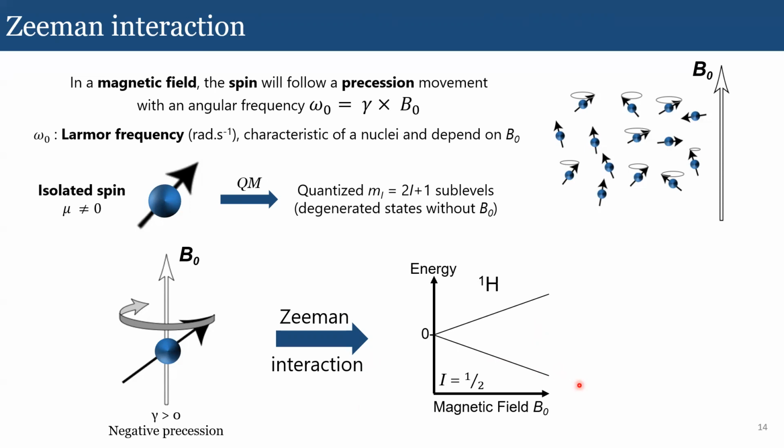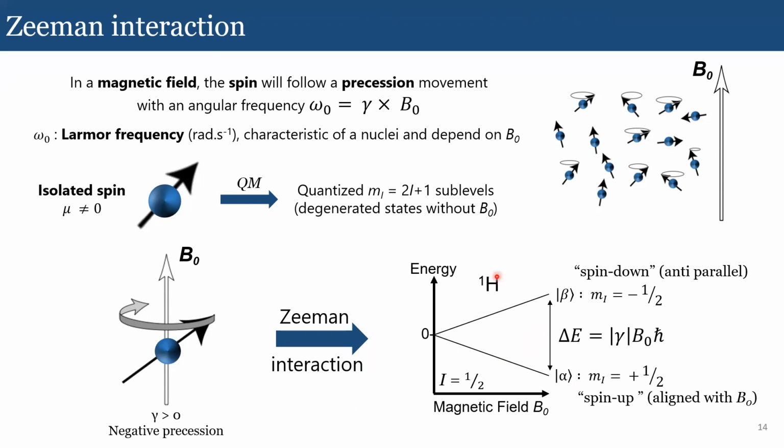So if you take a spin half, like the proton pictured here, you're going to have two stationary levels, because I is 1/2, so 2 times 1/2 plus 1 equals 2. These two states are denoted alpha and beta. In the alpha state, m_I is plus 1/2, and in beta, m_I is equal to minus 1/2.